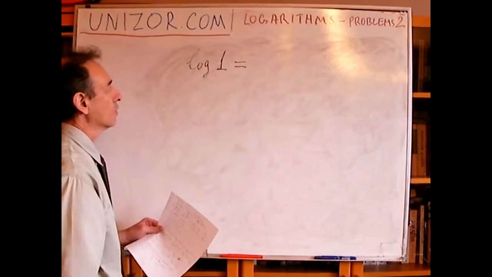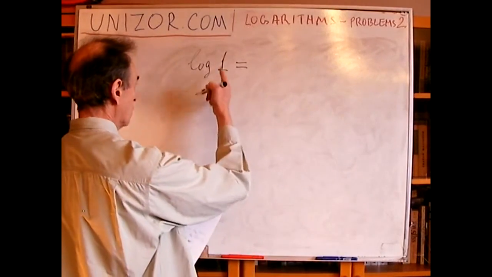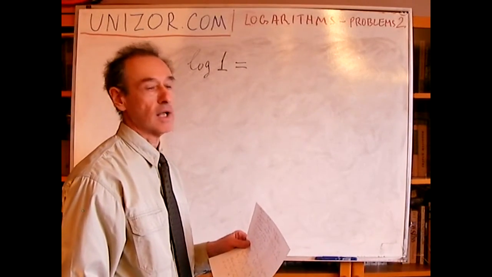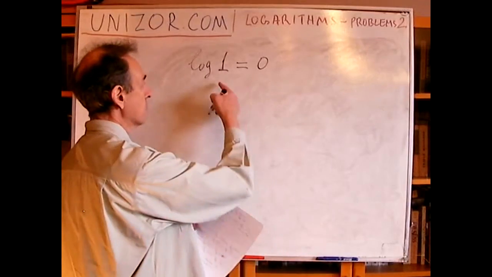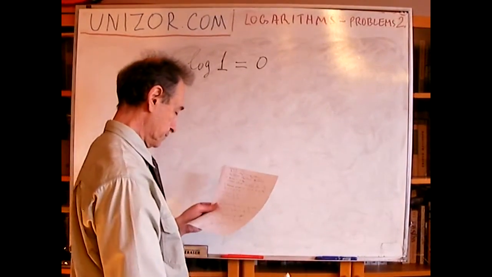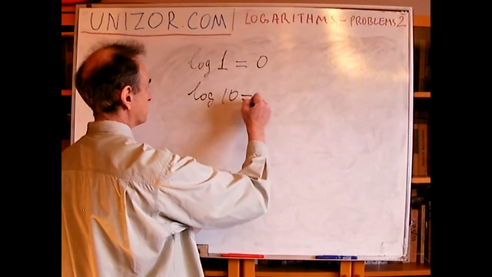Now, if there is no base indication, it means it's base 10. Well, you know that log of 1 with any base is equal to 0, because any base to the power of 0 would be equal to 1.